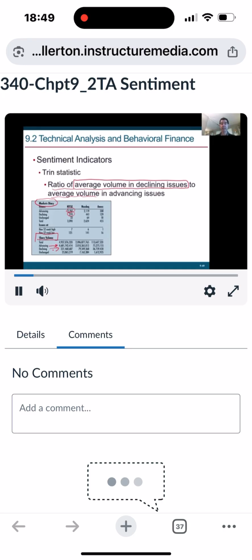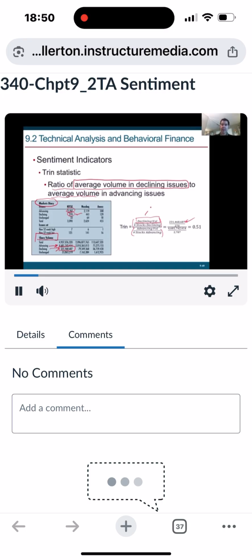What exactly is the trend statistic? How do you calculate it? Think of the numerator and the denominator as being separate. In the numerator, what do I calculate? I take the declining volume, that is the volume in the declining stocks. Where do I find that? That's right here, that 231 million number. And I divide it by the number of stocks that were going down. That's this number here, the 270.